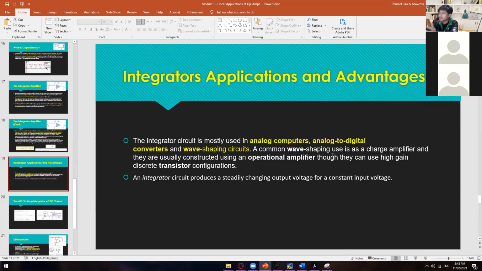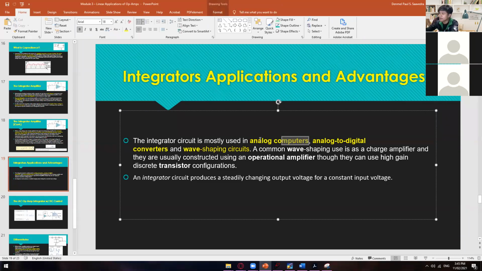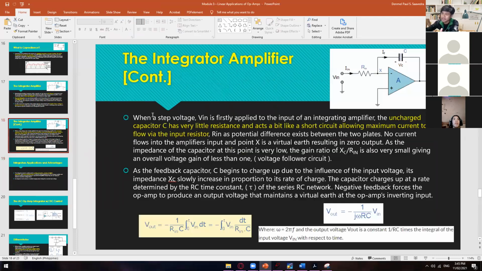So here are some applications and advantages of an integrator. The main use of an integrator with this circuit is with analog computers, analog digital converters, and wave shaping circuits. I cannot show the examples of analog computers to you since we don't have a system wherein we're going to be needing an integrator circuit and then show the output on the computer.